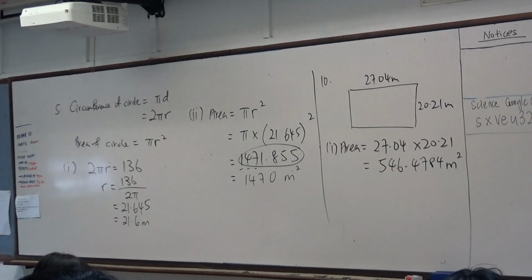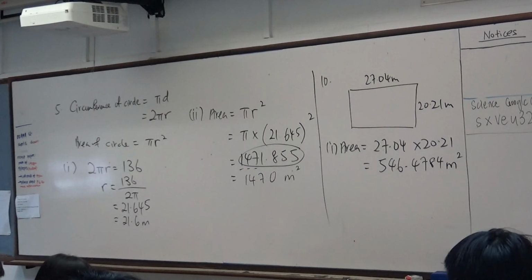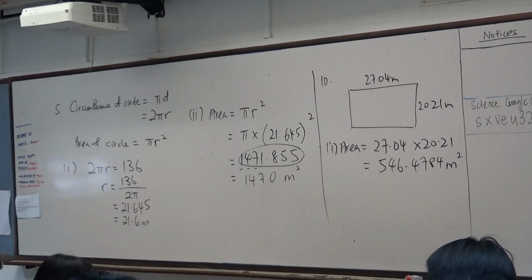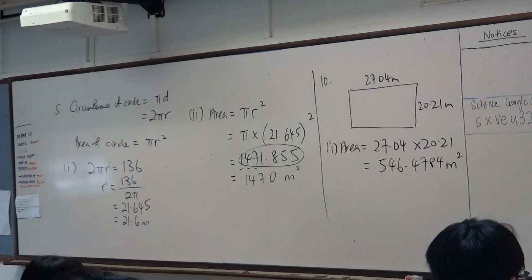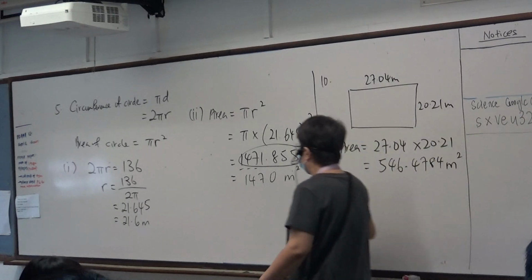Part 2. How much would it cost to spray insecticide on the field if the rate is 70 cents per square meter? Give your answer to the nearest dollar. Okay, I'll teach you one way to present this.